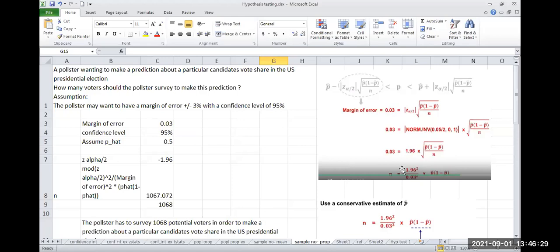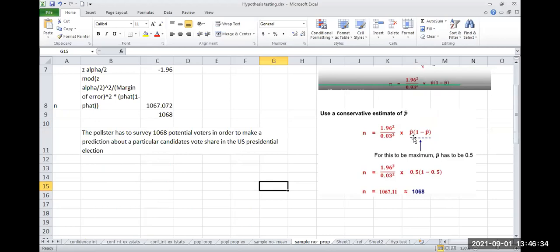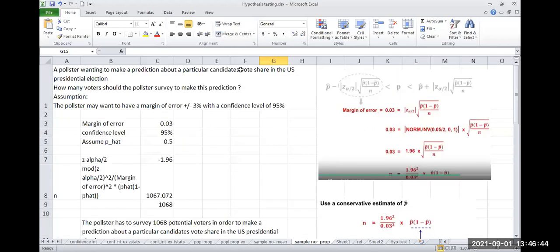There is just one assumption that you need to make, for this particular value p hat into 1 minus p hat. The p hat needs to be considered as 0.5 by default. Since it is not mentioned in the question, your p hat value, that is your sample proportion, is not given. Assume it as 0.5 if it is not given in the question. Clear? What assumption do you have to make? P hat as 0.5. Okay.